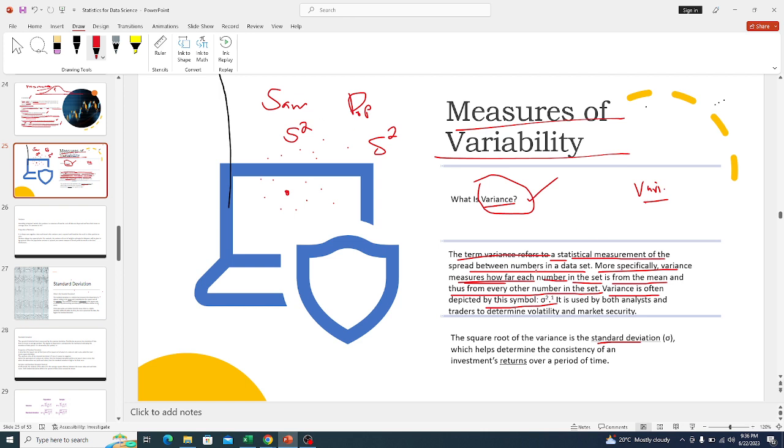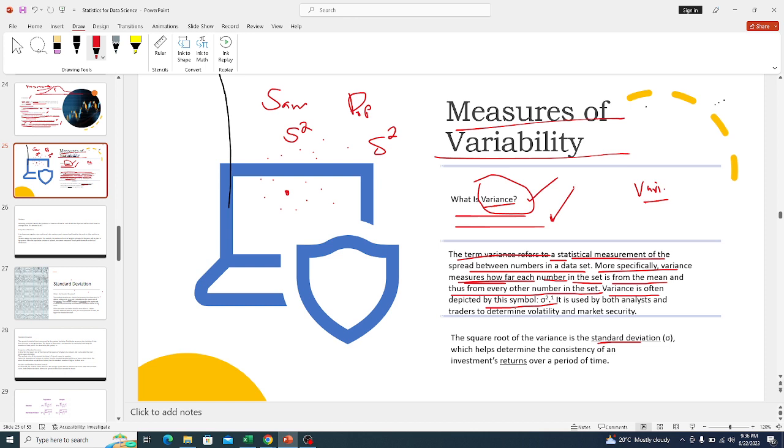Variance is majorly used to measure volatility, like in securities. We use variance to measure what? To measure volatility, like the risk. Also, standard deviation helps us to know the risk of a certain investment, that is in terms of financial application.